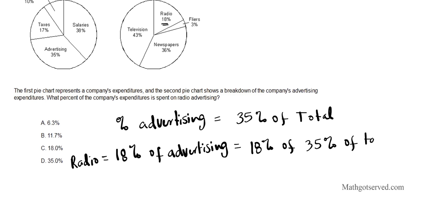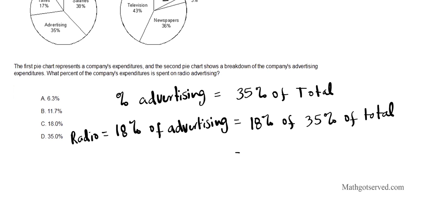So we have a double percentage here. 18% of 35% of the total will tell me the percentage spent on radio advertising. Let's write this in mathematical form. 18%, you move the decimal point forward twice to convert it to decimal, and the same goes for 35%.